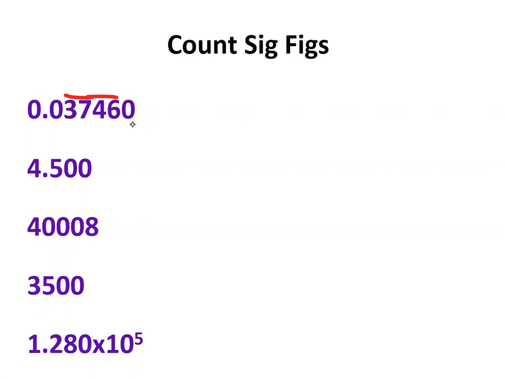And then I get to this ending zero, and it does count because I see a dot here. There is a decimal shown. So all of those count. People will put a line over or under significant figures just to kind of keep track. Okay, on this one, these are ending zeros. There is a decimal point shown, so they all count. We would say this has 4 sig figs.